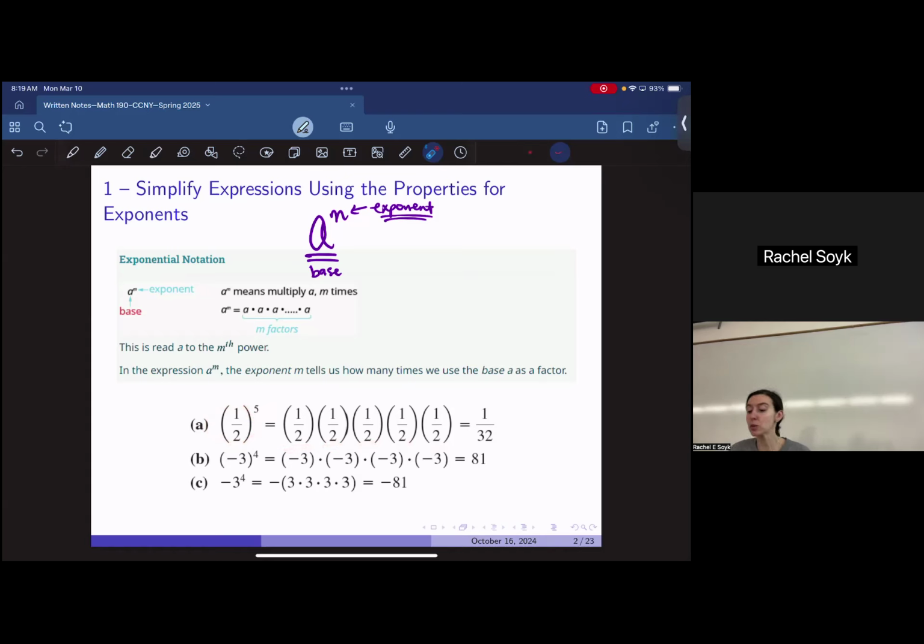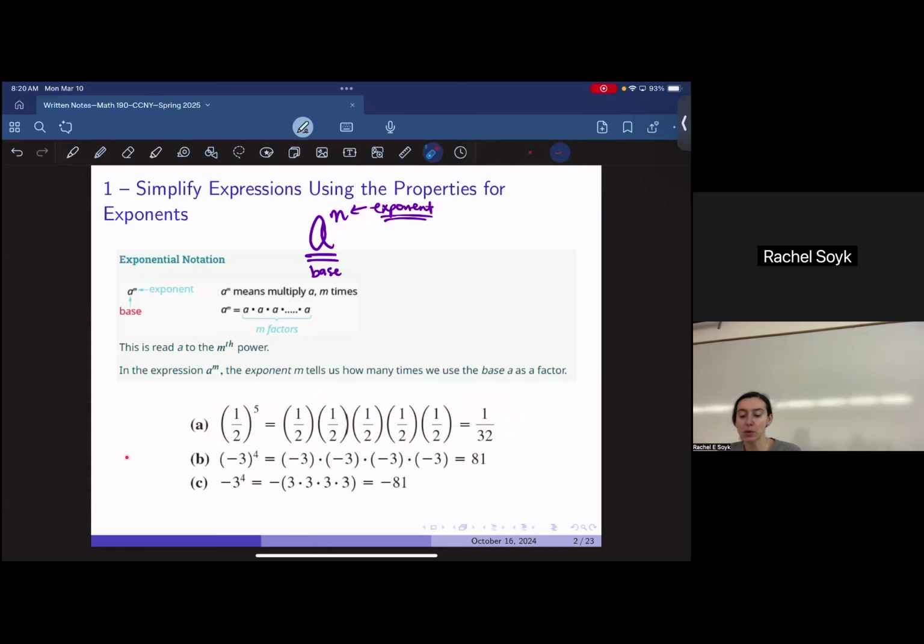And then we're straight back to multiplication. We multiply these 5 fractions by one another in order to simplify. So we have 2 times 2 times 2 times 2 times 2 gives us 32. And then obviously 1 times 1 times 1. If we multiplied 1 a million times, we would still get 1.